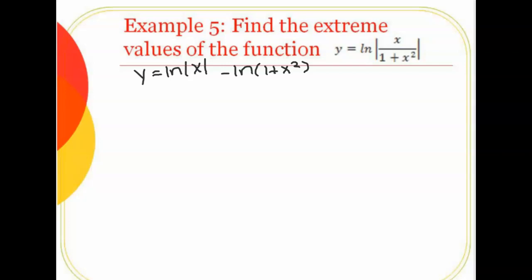So our derivative becomes 1 over, and we're going to keep that absolute value of x, times the derivative of x, which is 1, minus 1 over 1 plus x squared, times 2, and we're going to add back in that absolute value of x.